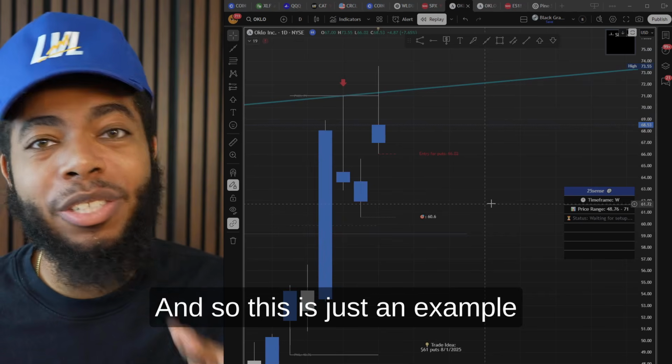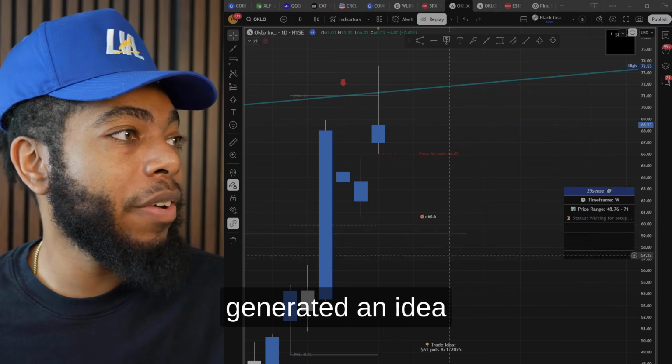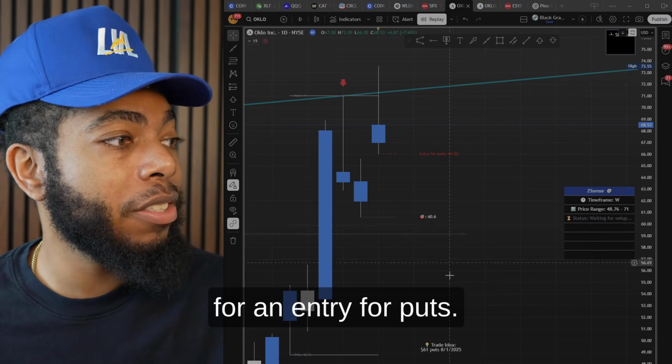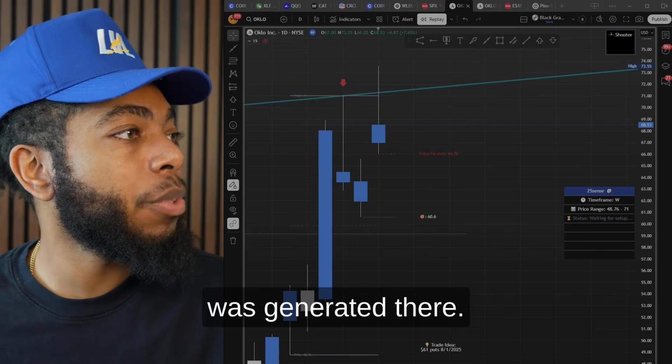And so this is just an example of how we can pair this with AutoStratic, which then generated an idea for an entry for puts. And that was the $61 puts for August. And so that's what was generated there.